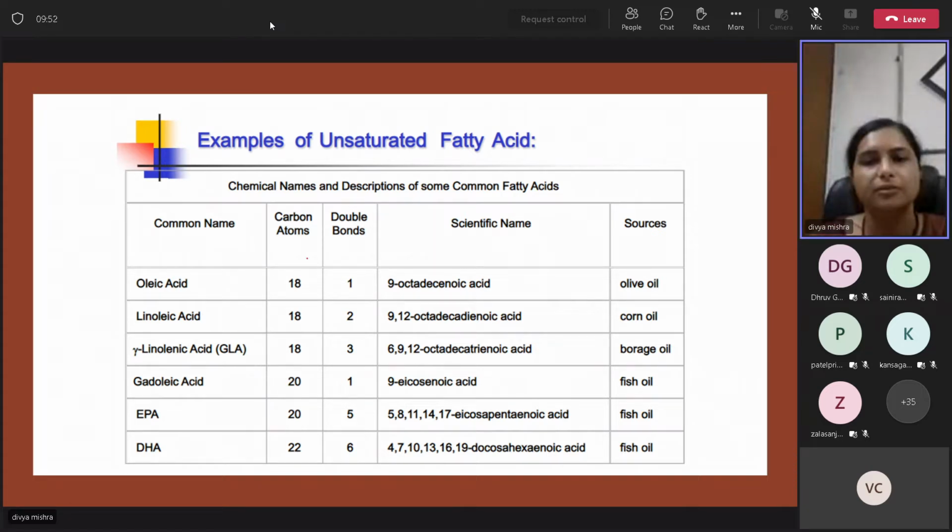From that we can also find out whether it is unsaturated, saturated, or what kind of fatty acid is present. So we can find out this much information from three things: saponification value, iodine value, and acid value.